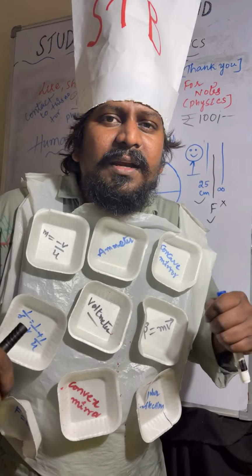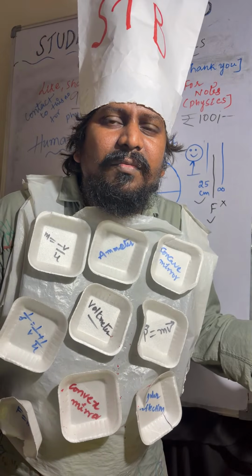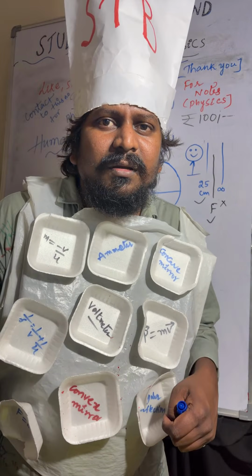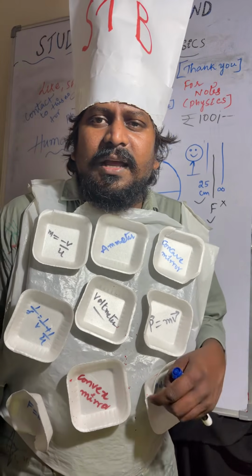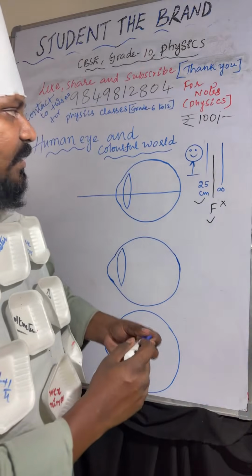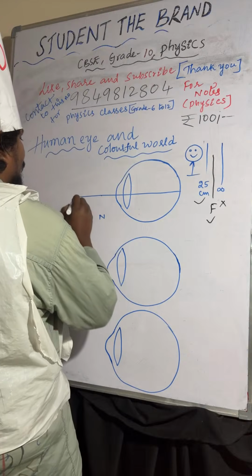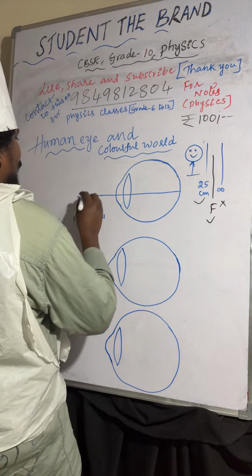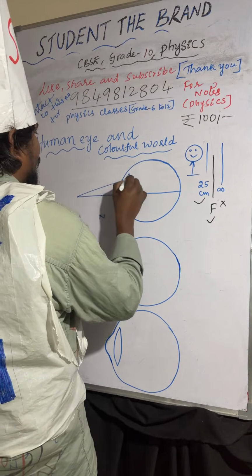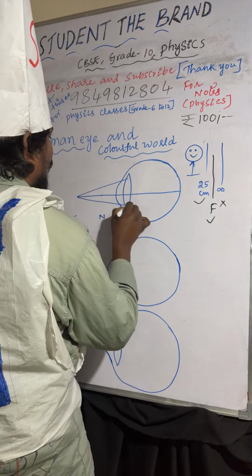So if the light rays are meeting at the retina, then we have to draw the diagram, no? I will draw the diagram, just observe here. This is the near point N and this is the far point F. Light rays are coming from this point.